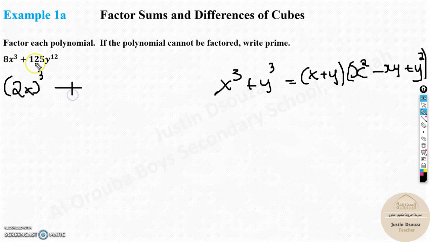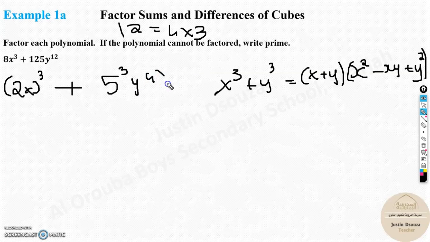But what about the next one? We have 5 cube, yes, but we don't have y to the power of a cube, right? But you can write 12 as a multiple of 4 into 3. So you can write it as (y to the power 4) the whole cube, or you can write this as (5y to the power 4) whole cube. What happens?